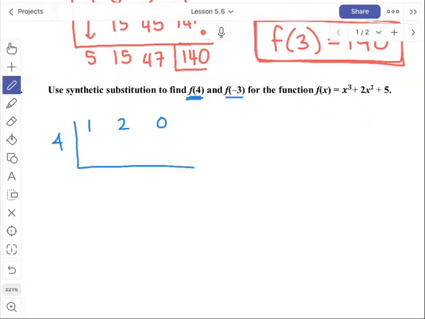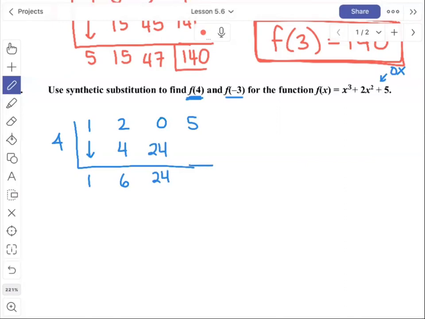Okay, keep going. So you bring the first one down and then multiply it. So it would be 4. And then 4 plus 2 is 6. And then 4 times 6 is 24. Great. And then 24 plus 5 would be 29.